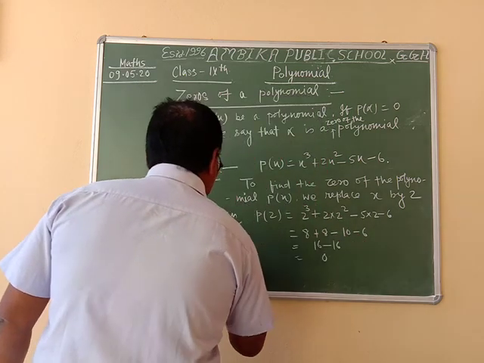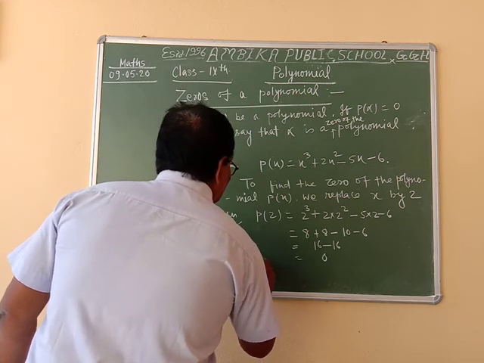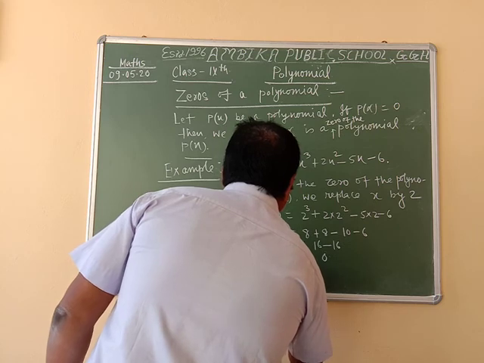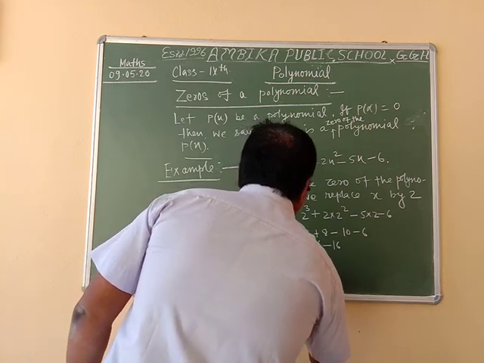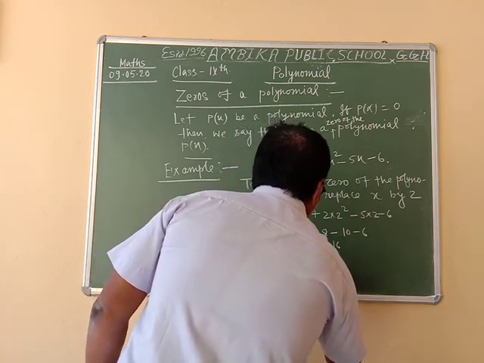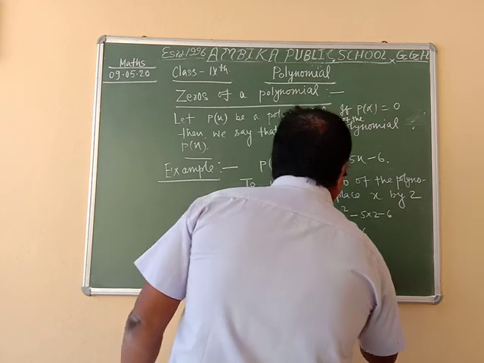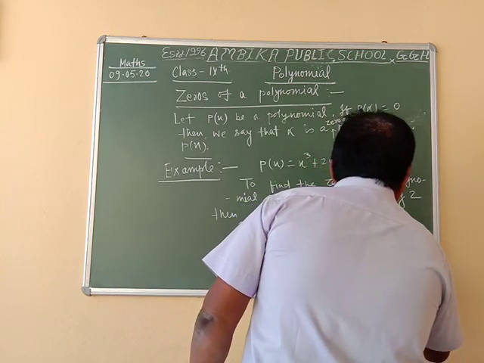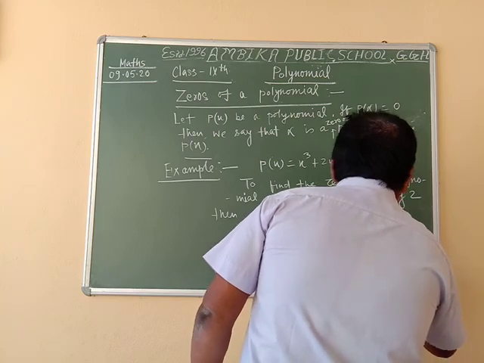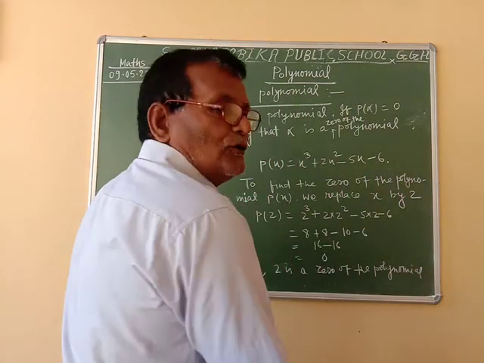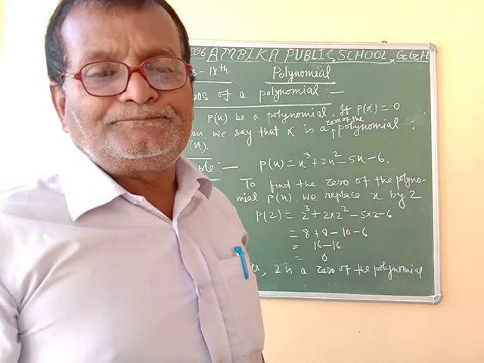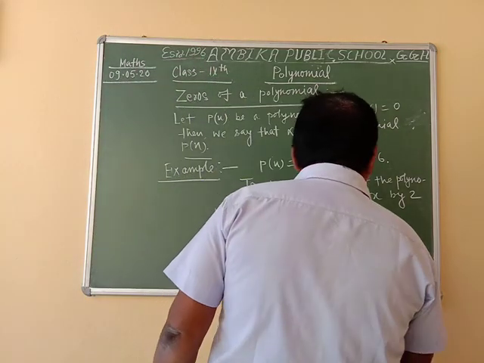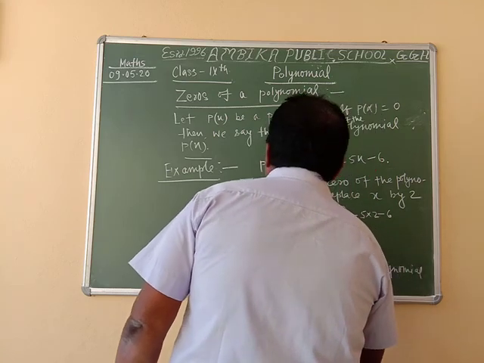Hence 2 is a zero of the polynomial P(x).